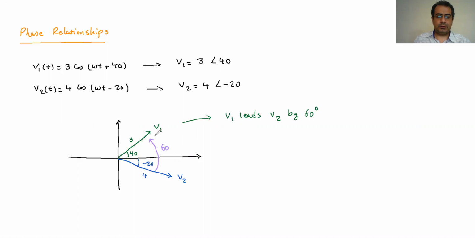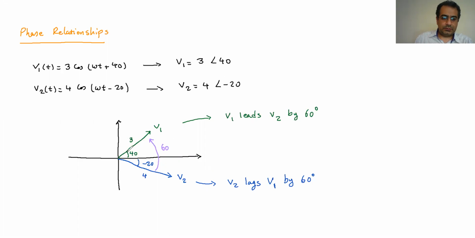Because V1 counterclockwise is ahead of V2, and how much it is ahead is 60 degrees. The same here, we would say that V2 lags V1 by 60 degrees. So this is how we consider one is leading and one is lagging.